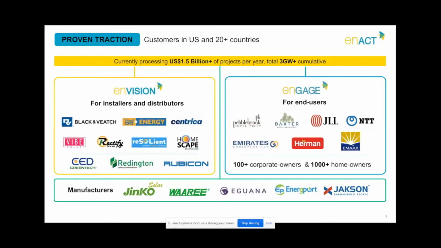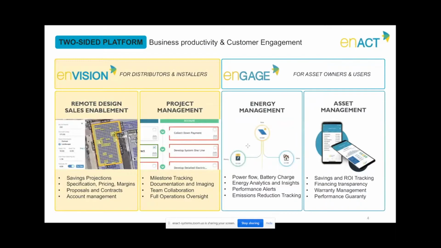One of the major issues with solar implementation is the soft costs. How much time do you spend on sales? How much effort and money are you spending on sales and marketing? And then thereafter the project management.